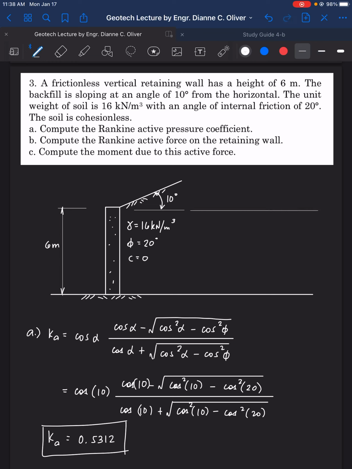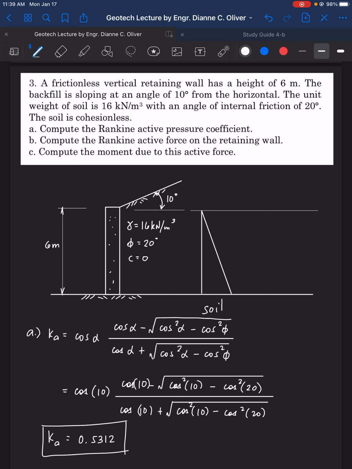Why? Well, the top of our uniformly varying load is at the top of the structure. So although we have a sloping backfill, we are still focused on the height of the structure. That's why our uniformly varying load for soil starts from the top of the structure.